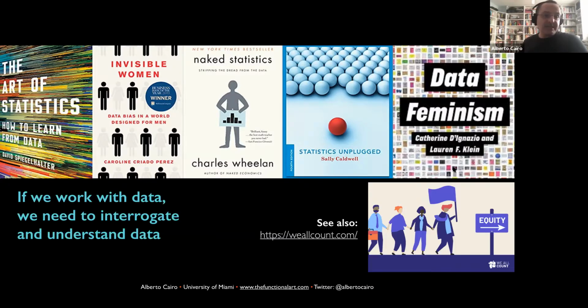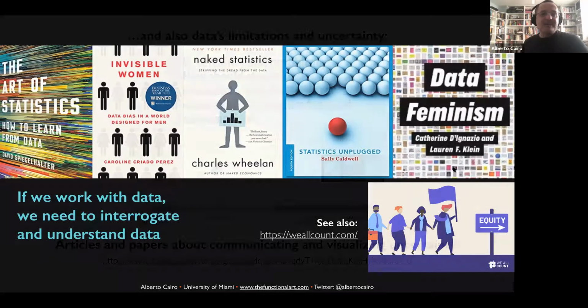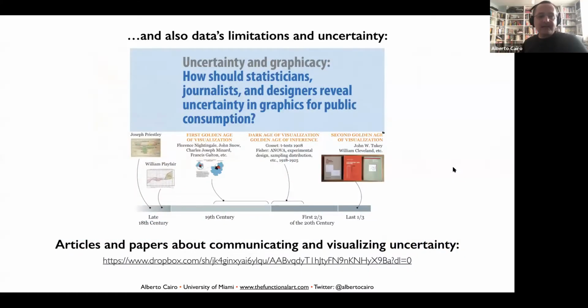Also, we need to disclose uncertainty. This is just an aside. Some of you know how obsessed I am about the visualization of uncertainty, and I still don't have formed thoughts about how to visualize uncertainty correctly. But if you want to read a little bit about that, by the way, I forgot to mention at the beginning of the presentation that I'm going to share all these slides. So as soon as I finish, I will send you the link to the PDF so you can click on all these resources.